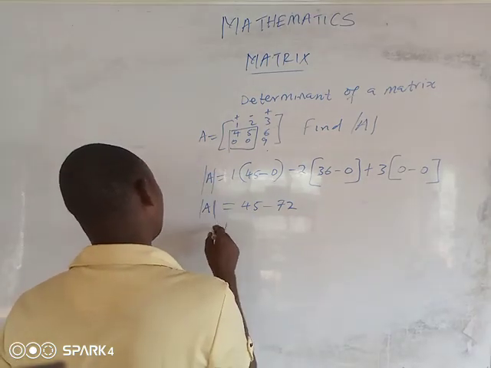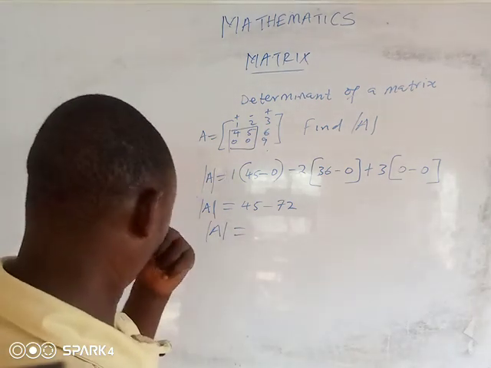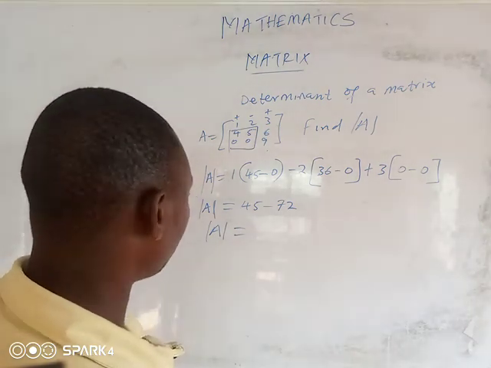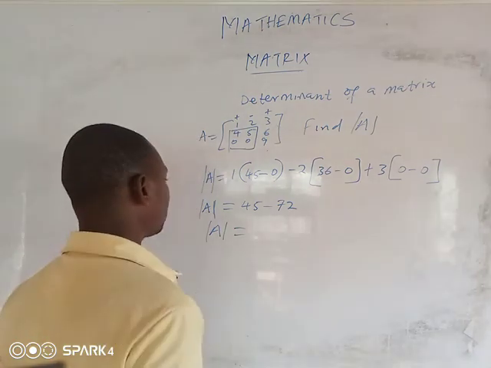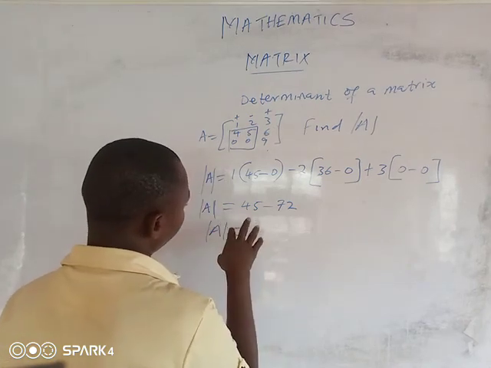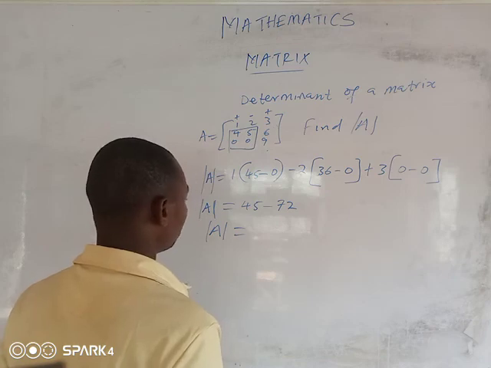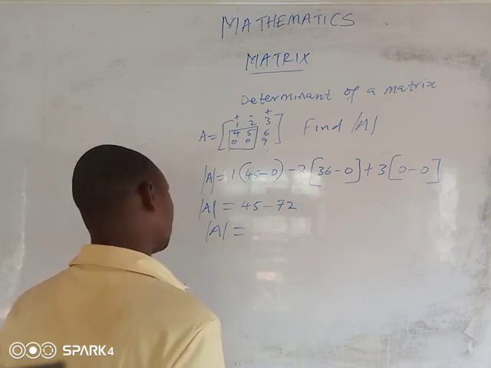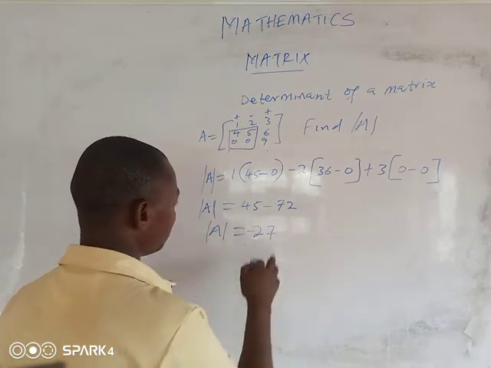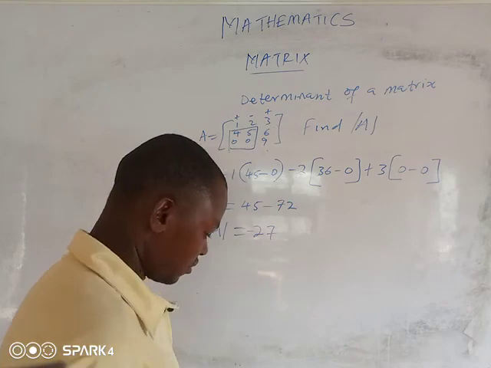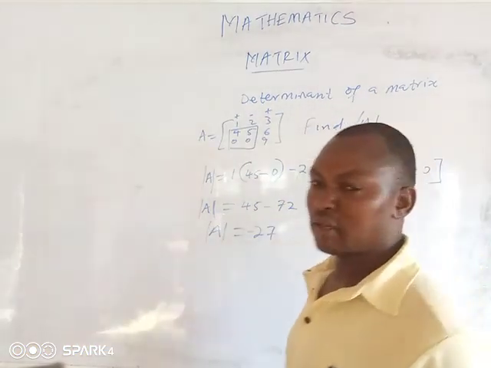So magnitude of A is equal to 45 minus 72. 45 minus 72 should give us 27. Minus 27, because the value being subtracted is higher. So that is about determinant.